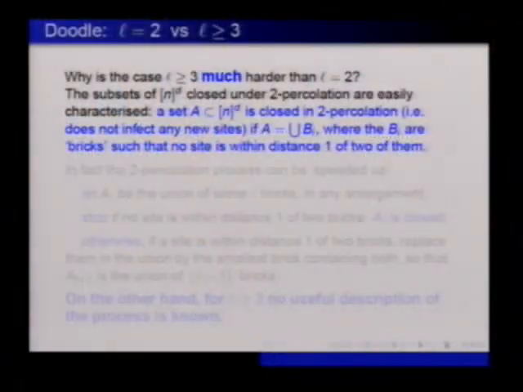Namely, they are unions of bricks, so rectangular parallelepipeds, which are not near to each other, in the sense that there is no site within distance 1 of 2 of these bricks.